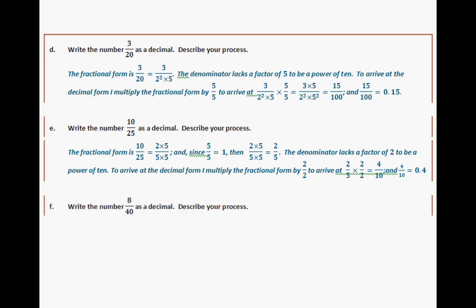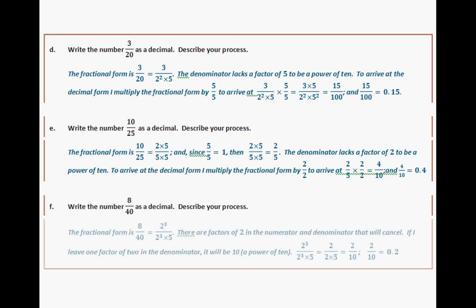All right, try this again with 8/40. See if you can do it without looking at the answer, and then continue the video to see if you're right. All right, so 8/40 is 2 to the third power over 2 to the third power times 5. Well, you can cancel out the 2 to the third power, and you would get 1/5.